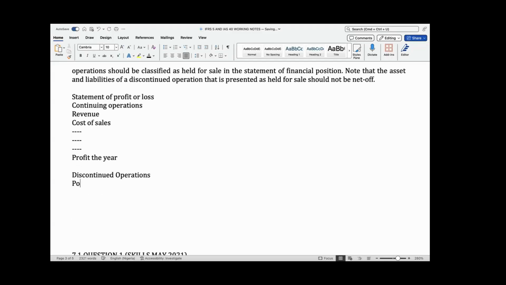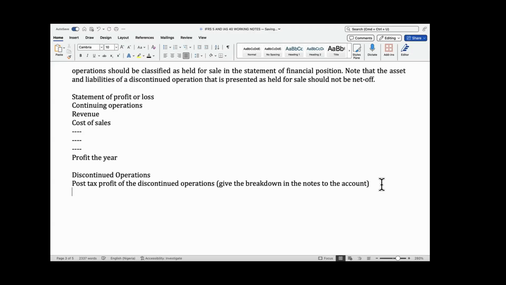What you need to put is the post-tax profit of these discontinued operations. Just put a one-liner item, post-tax profit. Then you need to give the breakdown in the notes to the accounts. That is when you show us the revenue, the cost of sales, and all of that. But in the statement, you can just give us the post-tax profit.